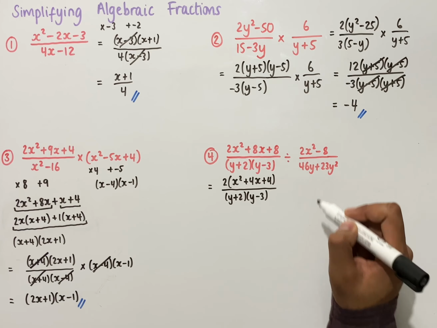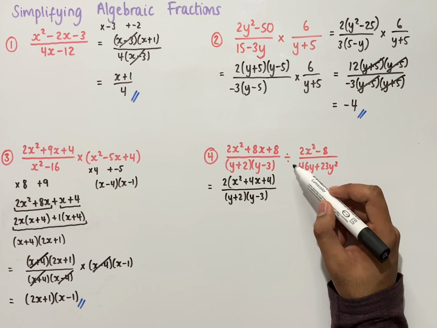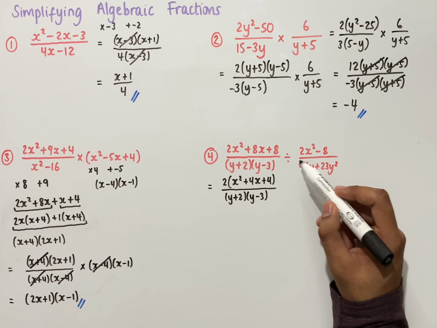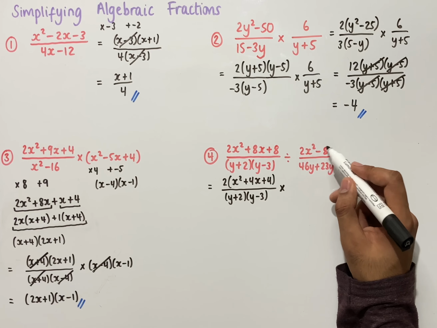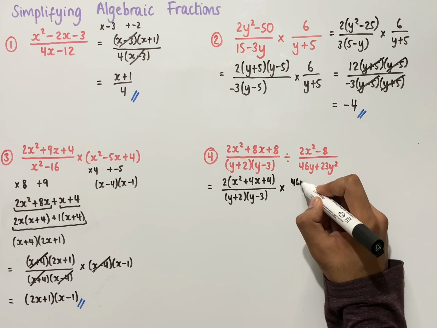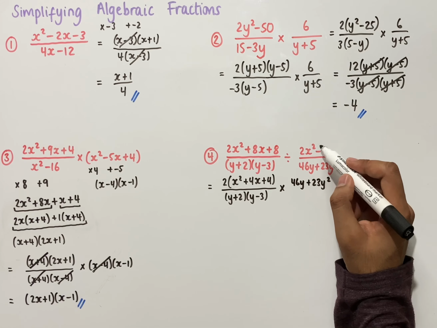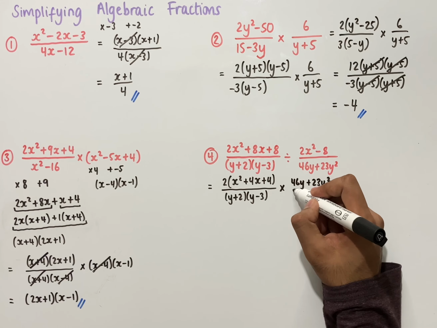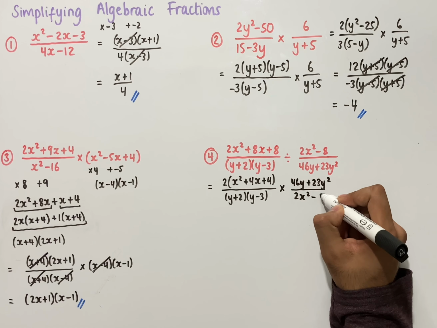And in the second fraction, since we are dividing, this is the same as multiplying by the reciprocal of this fraction. And so we can now write this as multiplying by, so the denominator now becomes the numerator, which gives us 46y plus 23y squared, and the numerator becomes the denominator, which gives us 2x squared minus 8 in the denominator.